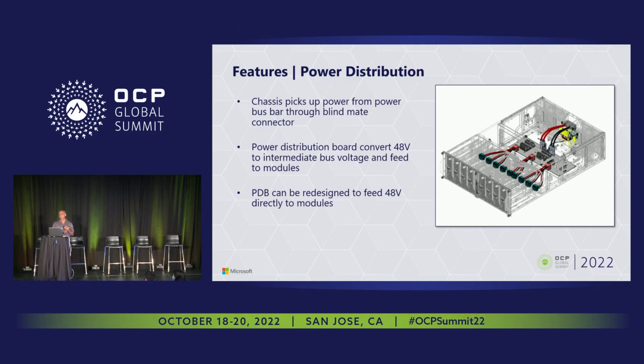We can also add protection for each of the feeds going to the modules, or add power monitoring and voltage monitoring. So if a design needs a different type of intermediate bus voltage, we only need to modify that power distribution board, and we can accommodate such requirements.